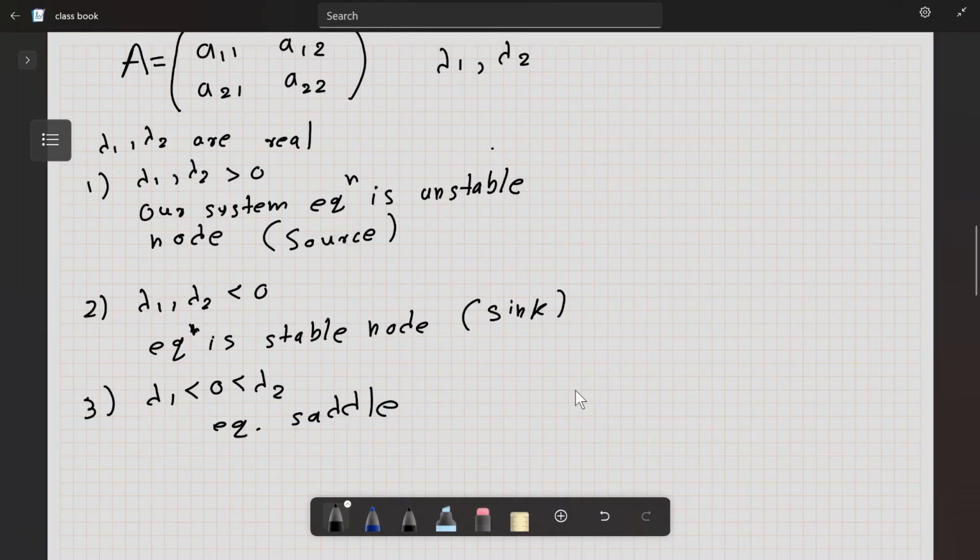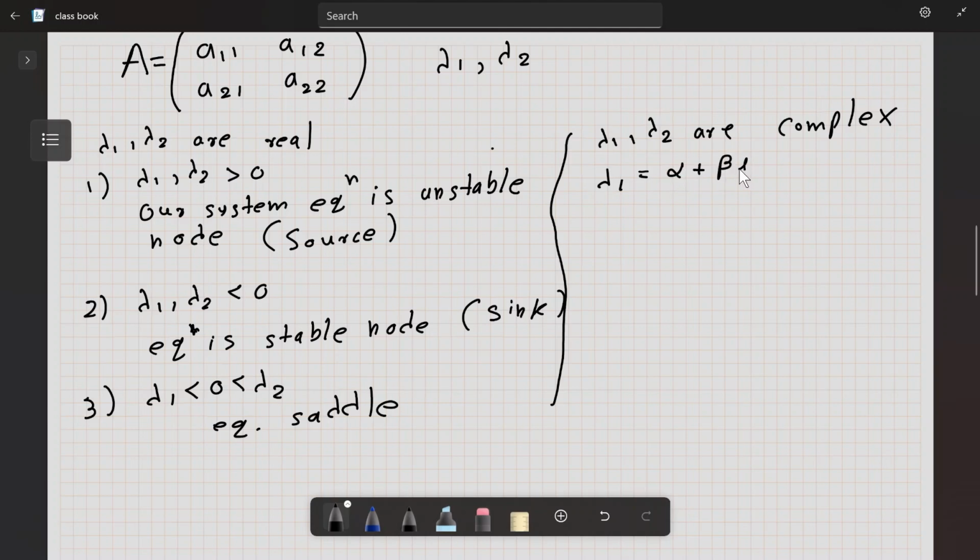Then let's discuss what happens if the eigenvalues are complex. Now lambda 1 and lambda 2 are complex numbers. I can take one as alpha plus beta i, and the other must be its conjugate, alpha minus beta i. The behavior now depends on the alpha value, that means the real part of lambda is equal to alpha.